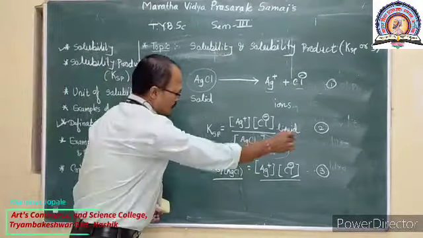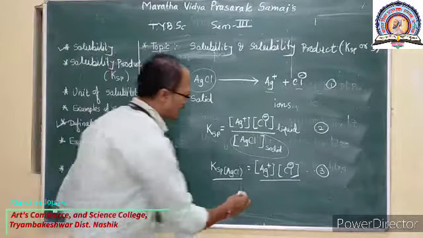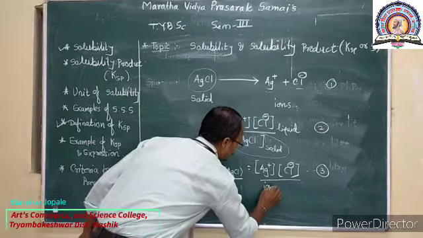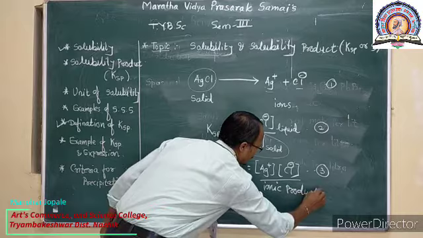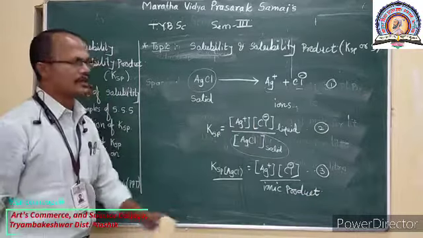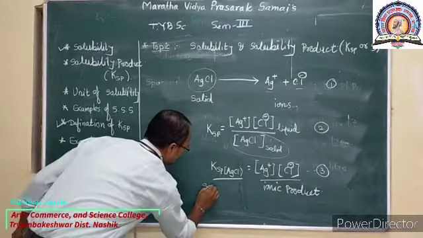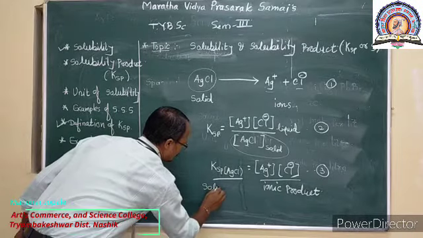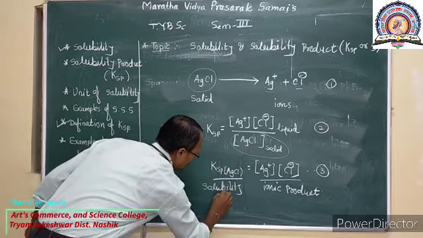Here we can have three conditions on the basis of the ionic product and the solubility product. The ionic product is there because of the ions, Ag plus and Cl minus, present in the solution, while the other side is the solubility product.